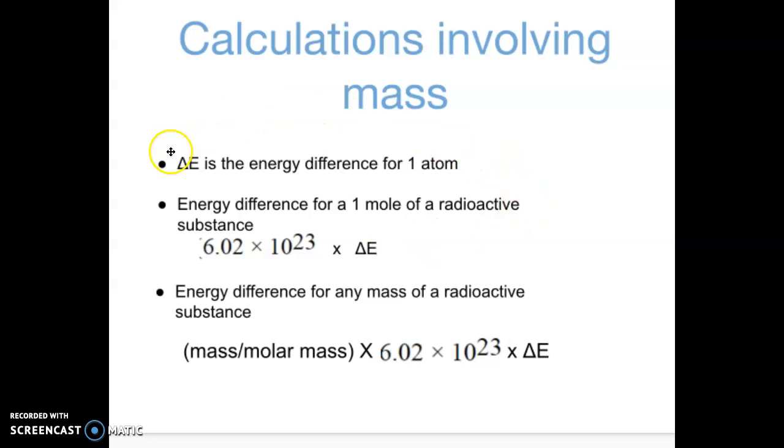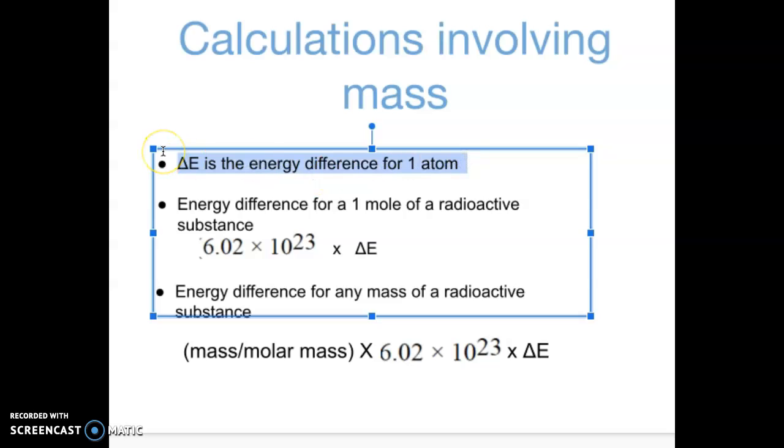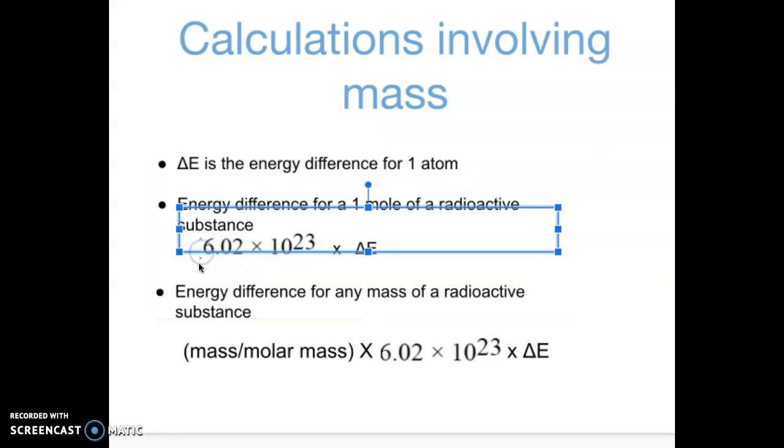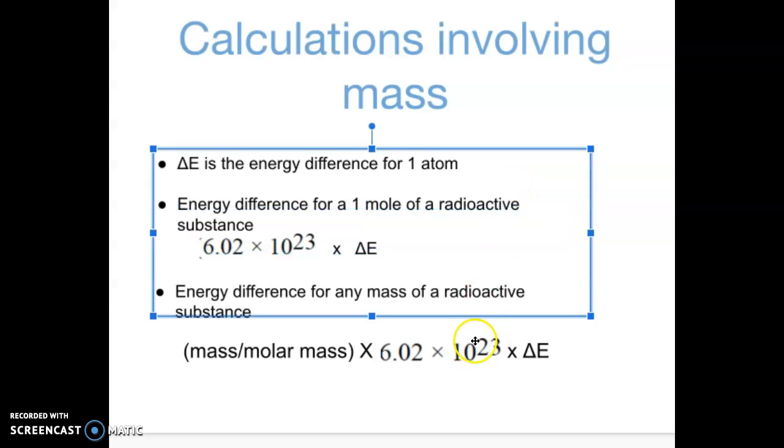Well, it's just to remember some basic ideas, because binding energy, as we've already defined, is the energy difference, the binding energy for one atom, right? If you want to find the energy difference of a mole of a substance, then you would multiply the binding energy that you found for one atom by Avogadro's constant, which is 6.02 times 10 to the 23. Right? That will give you the total binding energy for a mole of a radioactive substance.